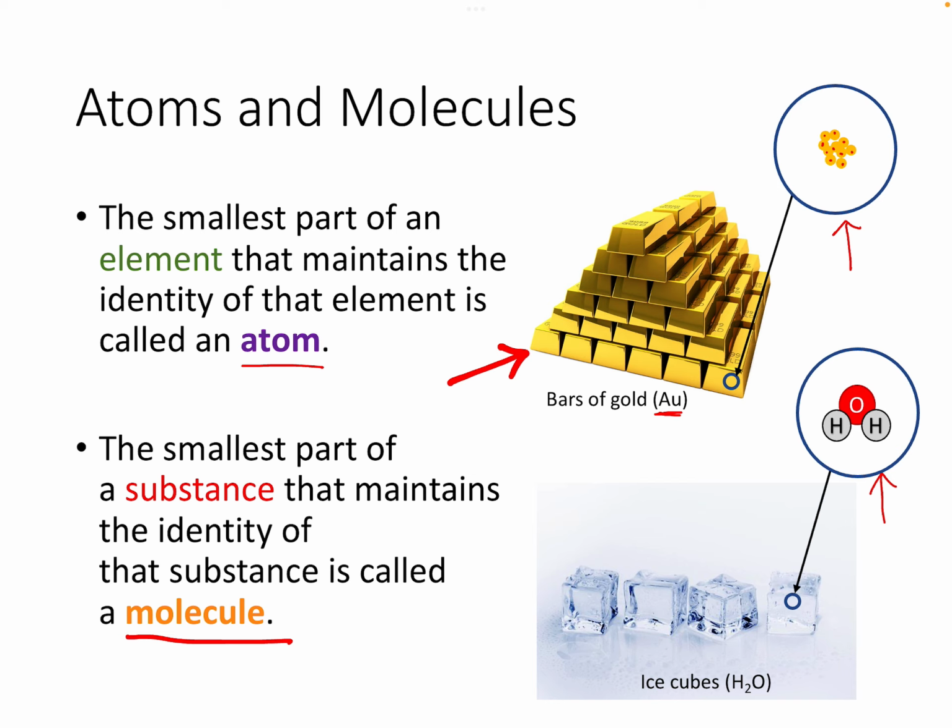Now, the terms compound and molecule are sometimes used interchangeably. So if you see the word compound or the word molecule, typically they're referring to the same thing. So sometimes that can get a bit confusing, but try to bear with me here with all these different terms.